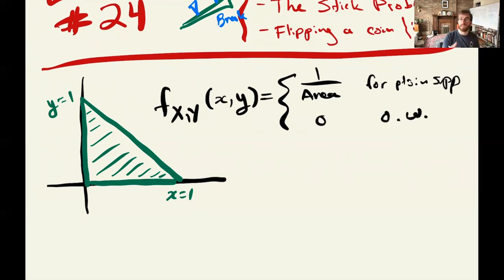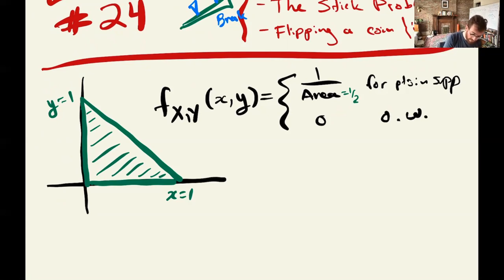The support, again, being the set of points where this joint density function is non-zero. Well, if you remember the formula for the area of a triangle, it's 1/2 base times height. Base and height are both 1 here, so the area is 1/2. So this means that my JDF is 2 everywhere in that green triangle and 0 outside of that.